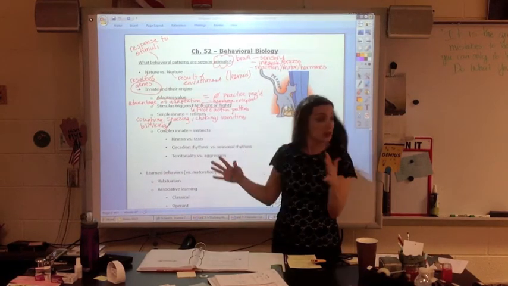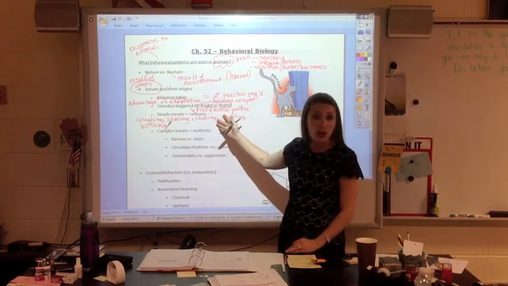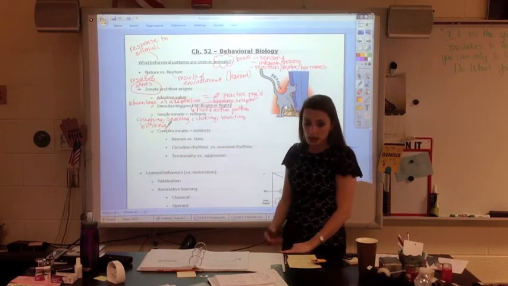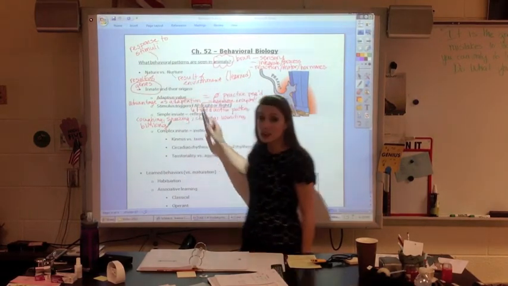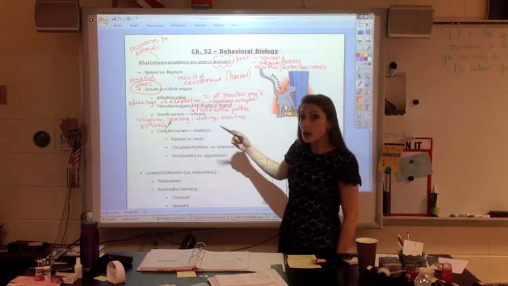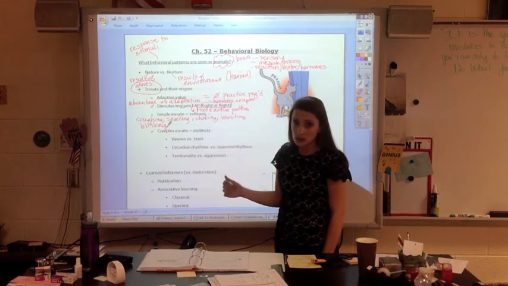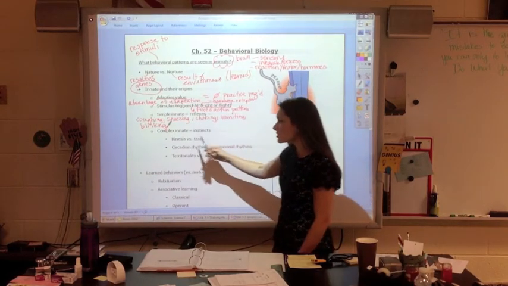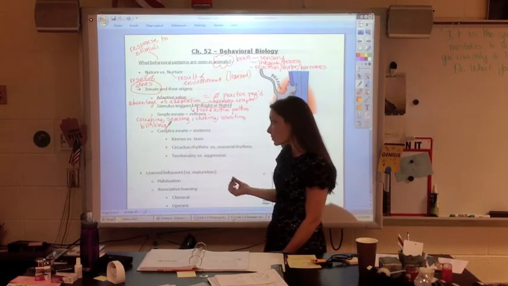When a door slams and you look towards it, a loud noise causing you to look, that is a simple innate behavior. You should be able to identify the stimuli and identify the response, as well as identify why that response is an advantage. When we start to look at other innate behaviors, some of them are more complex.